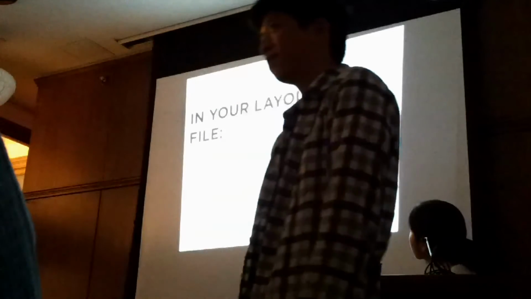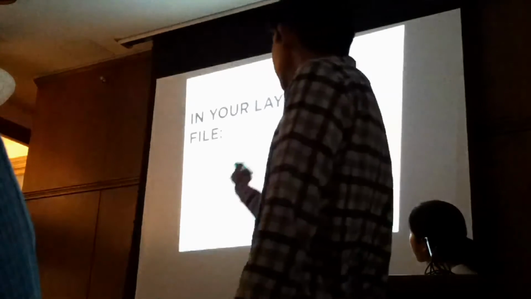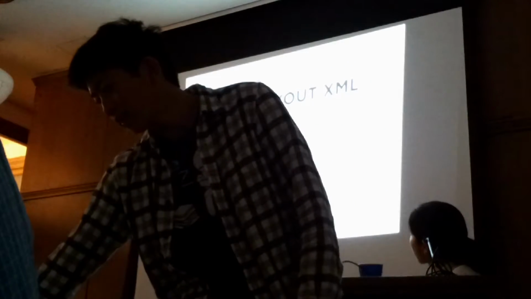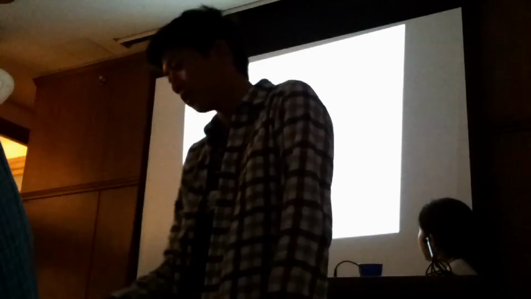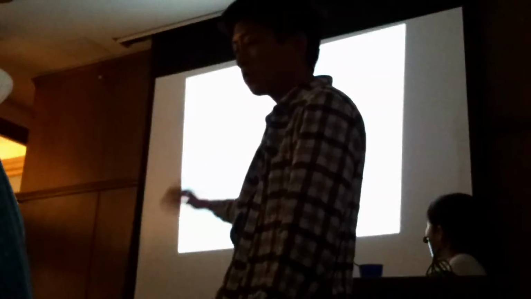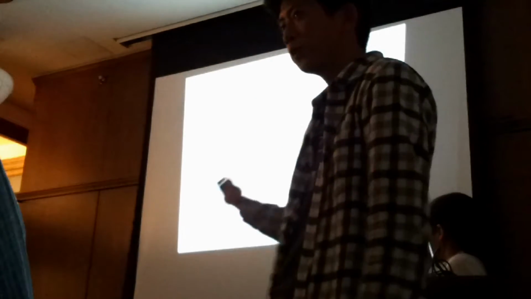So let's say we have a layout, and we just include this file. And that file is different. This is the regular layout folder, so this applies to phones. We have an ID called screen size normal. And this exact same file in the large folder, we call the ID screen size large.